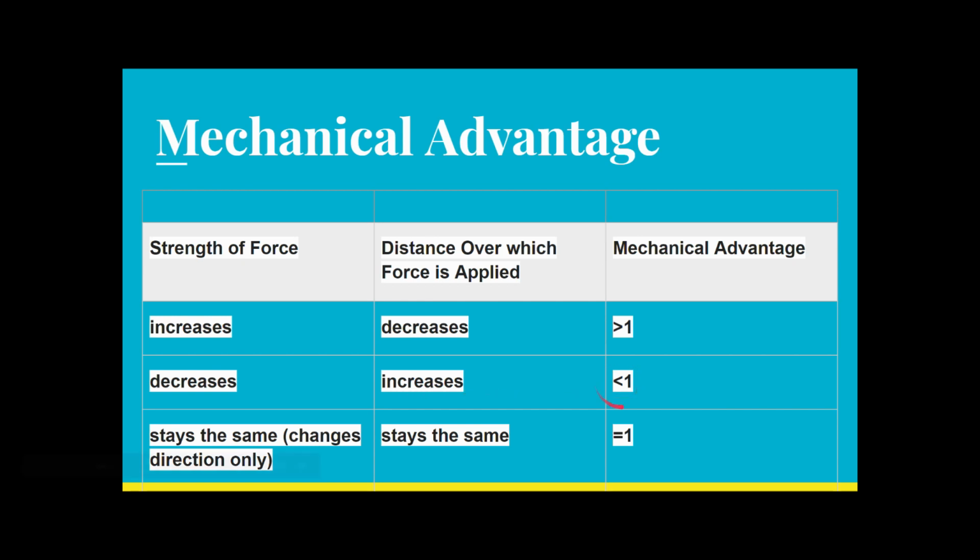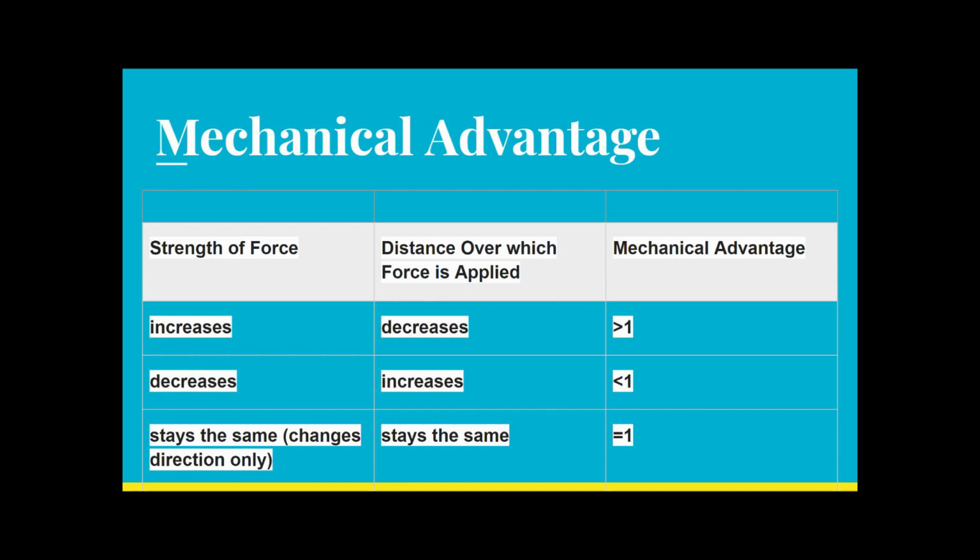And that means that your mechanical advantage is less than 1. And lastly, if it's right in between and it stays the same, if the machine doesn't do anything to make you stronger or weaker, the distance is also going to stay the same, and then the mechanical advantage is exactly 1. So go ahead and copy down this table to your notes just like you see here. If you need more time for that, go ahead and pause the video now.